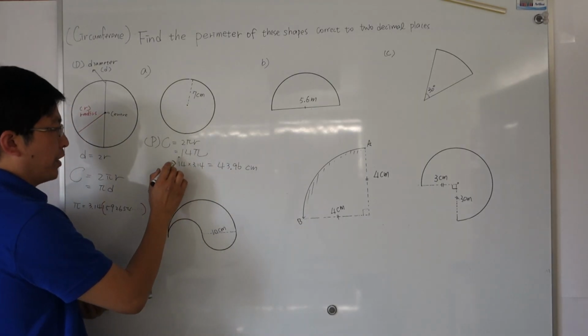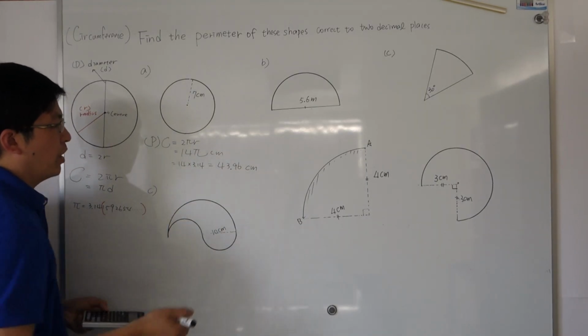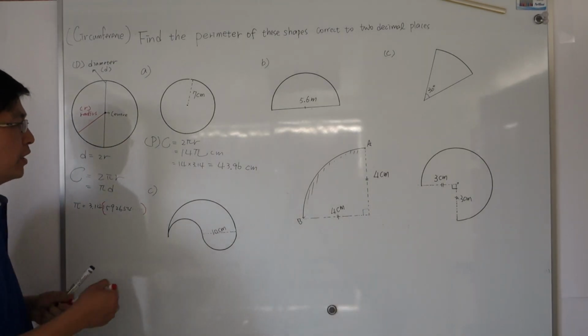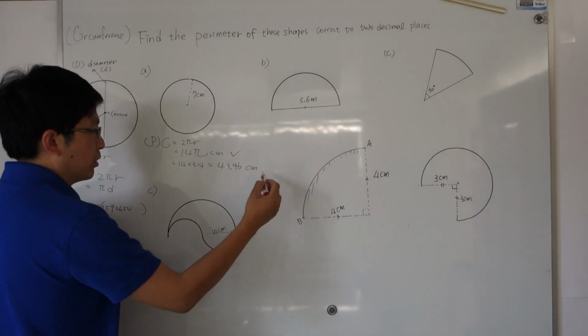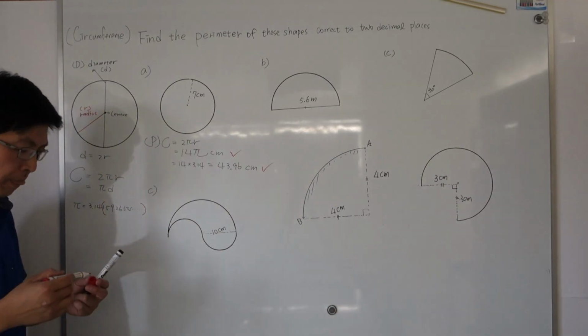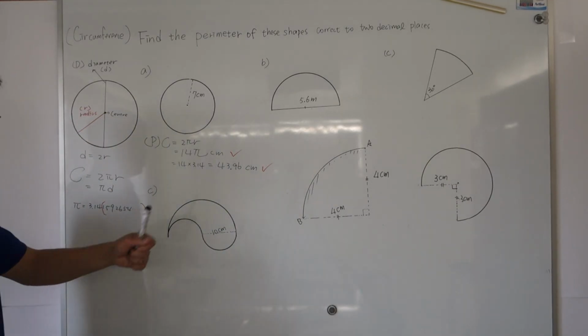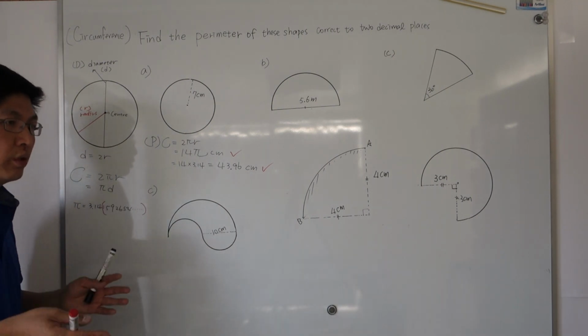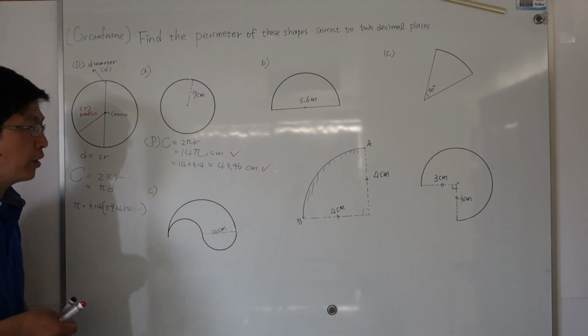Or you can just write 14 pi centimeter. Depending on the school, different schools will give you different working out. Some schools just use this one. Some schools you need to convert using pi equals 3.14. So both answers are accepted in different schools. You need to ask your school teacher.